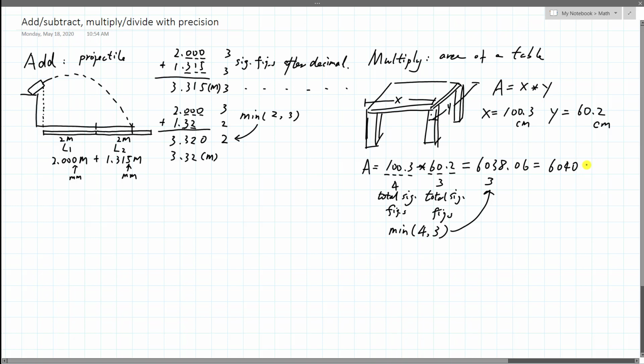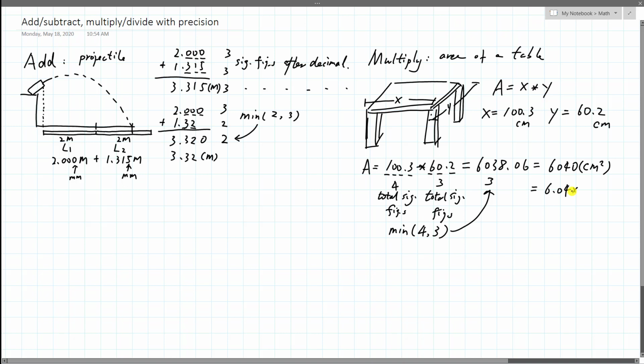So let's say this is centimeters squared first. In order to make the ambiguity go away, we use scientific notation. So 3 digits, right? 6.04. Moving that decimal point from behind the 0 to behind the 6, I need to do 3 separate moves.